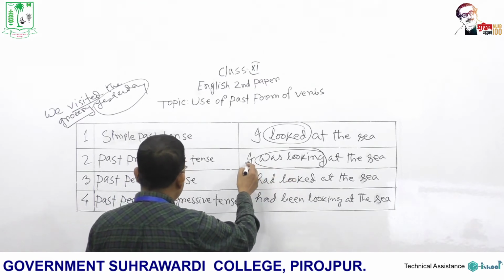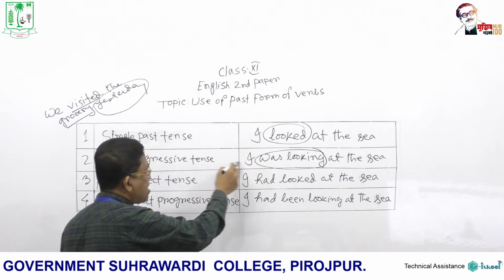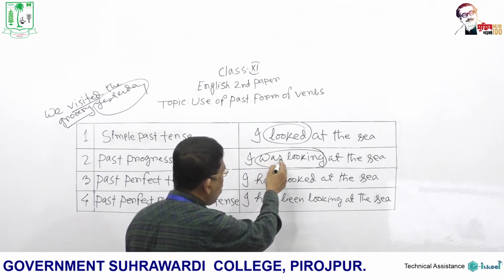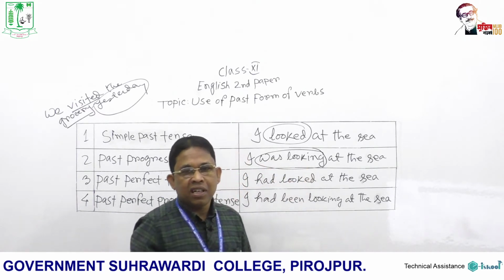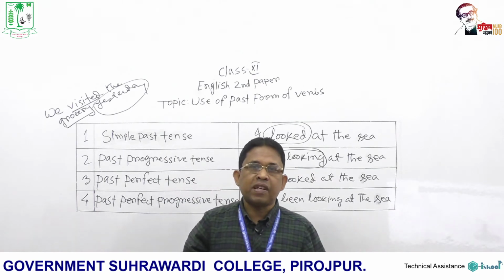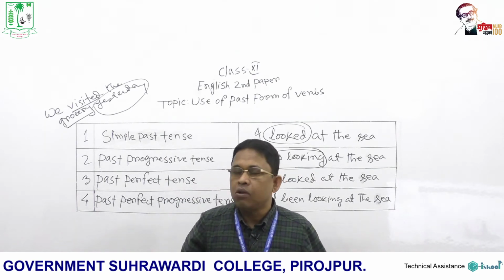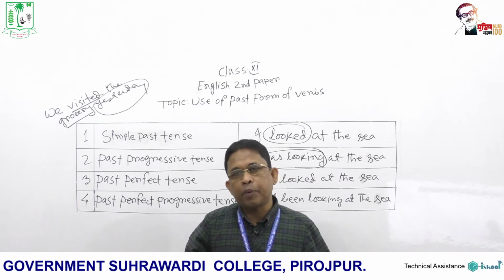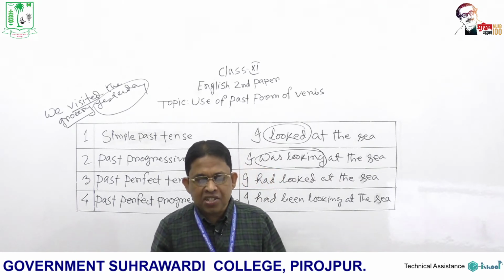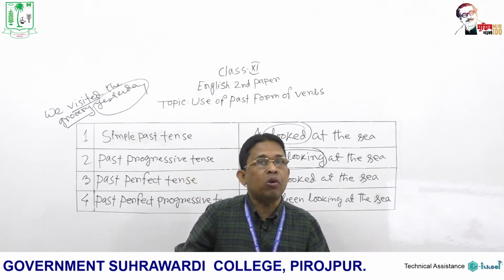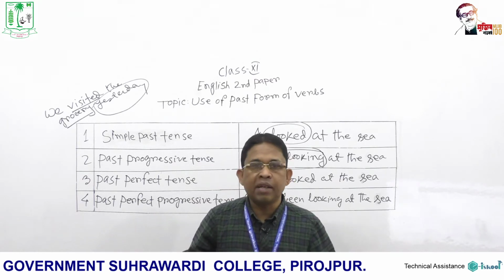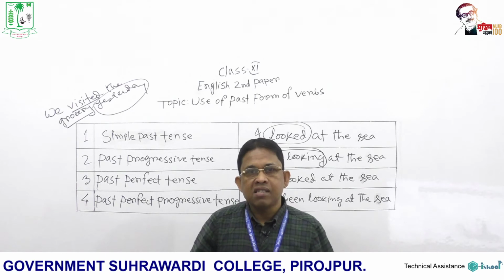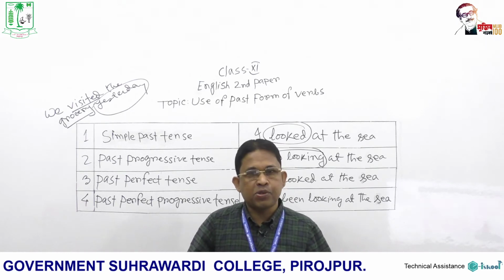So, in past progressive tense, the structure is subject plus was or were plus main verb plus ing. And what does it do? It describes some ongoing actions, activities, events, or states of the past.